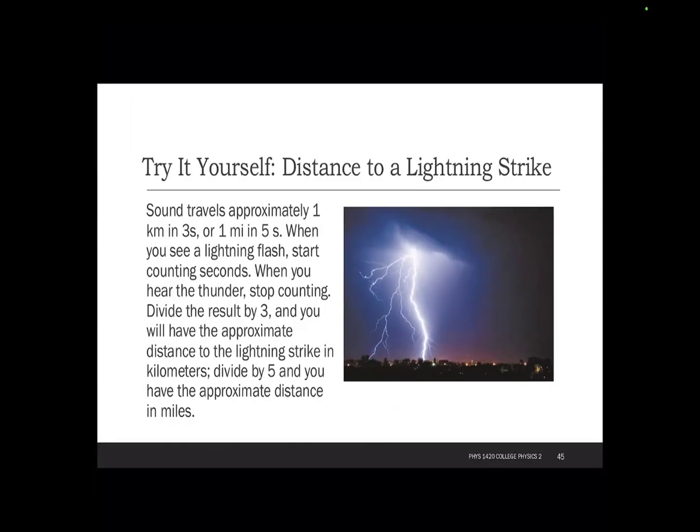This time difference is how long the sound wave travels, and we know the velocity of the sound wave. So we can calculate the distance using velocity multiplied by time. Does it make sense to you?